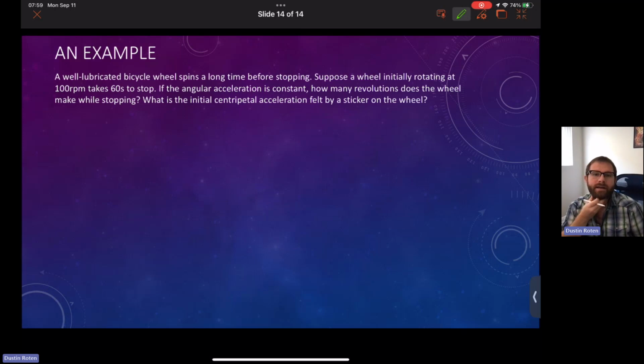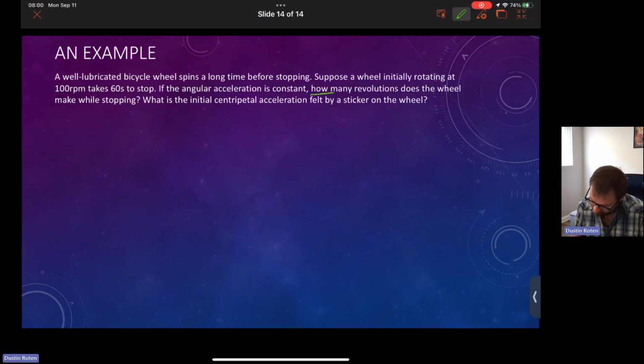A well-lubricated bicycle wheel spins a long time before stopping. Suppose a wheel initially rotating at 100 rotations per minute takes 60 seconds to stop. If the angular acceleration is constant, how many revolutions does the wheel make while stopping? So there's one question.